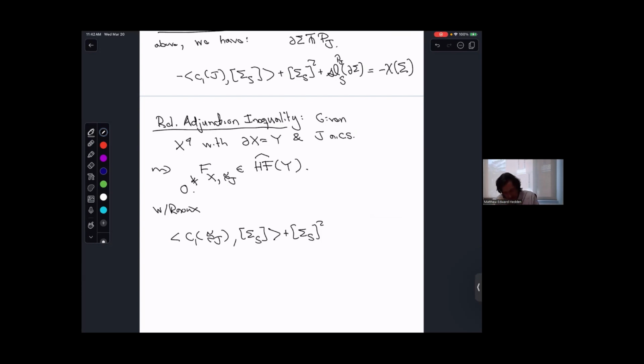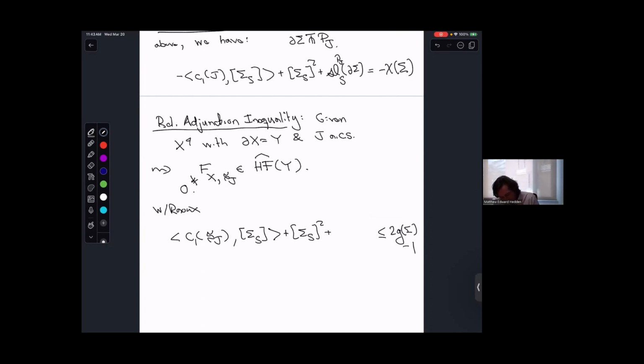plus its self intersection. The adjunction inequality would tell us you have something of the form negative the Euler characteristic, which would be like 2g of sigma minus 1 in this case, because this is a surface. I'm assuming there's a single boundary, everything's going to extend to links if you like, so I'm not going to focus on that.